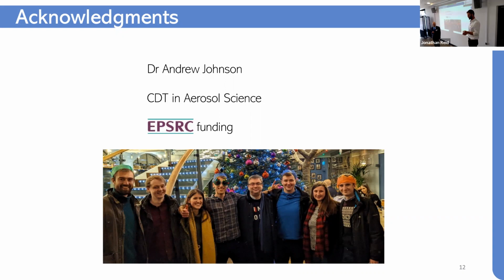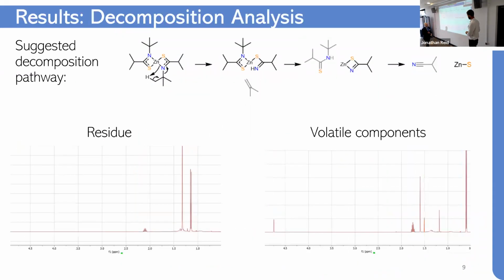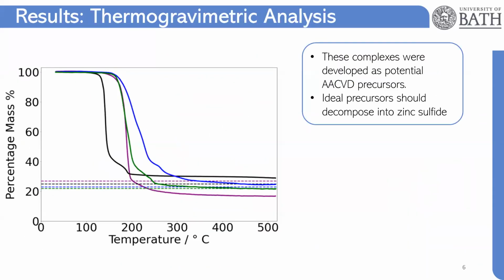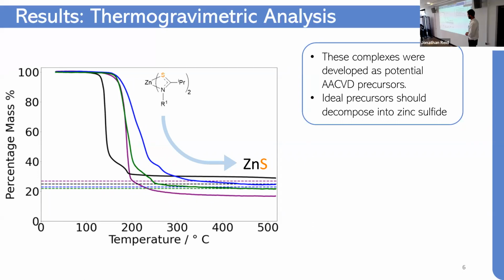When I'm looking at the gravimetric data, all I'm looking at is whether, if you can see at 100% mass, that's my precursor, and I just want to see whether it will decompose to give a mass that's associated with zinc sulfide. Does that make sense?